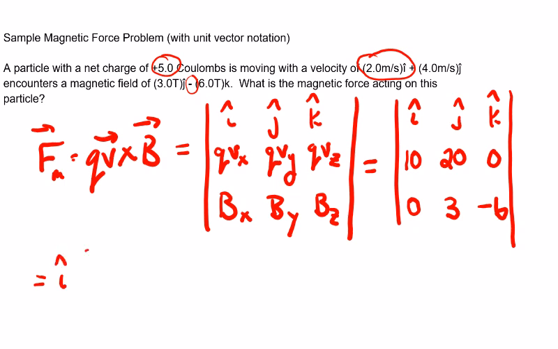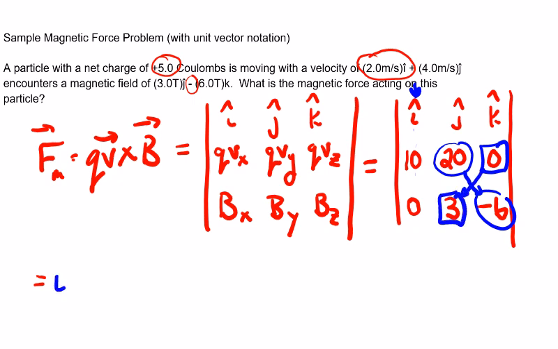In the I direction, we're basically going to cover up the I column. I'm going to change colors here just so you can kind of see what I'm doing. It's going to seem weird, but just bear with me. We're going to take this number times this number, so we're going to multiply diagonally and subtract this number times that number.